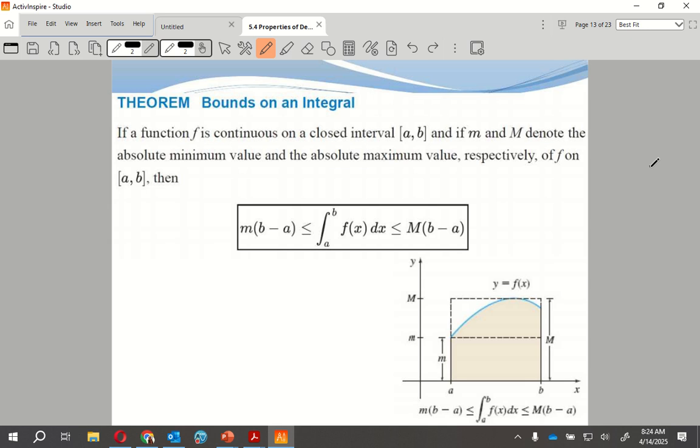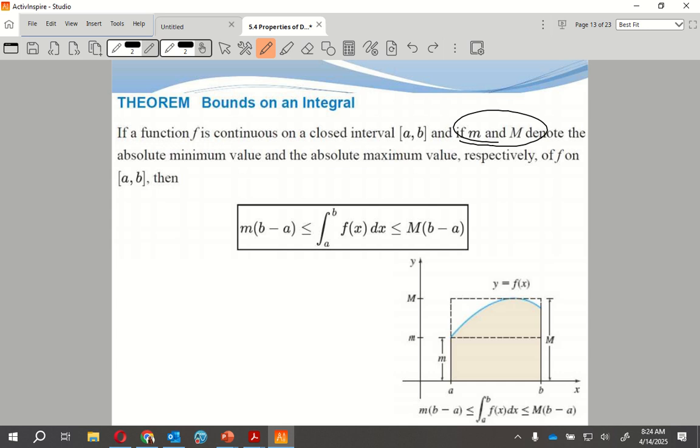Okay, anyway. All right, so we're now going to find bounds on integrals. For a function continuous on a closed interval from a to b, lowercase m refers to the absolute minimum, and capital M denotes the absolute maximum. These notations are important because you're going to see them coming up, and they'll probably kick you in the face if you're not understanding what they mean.